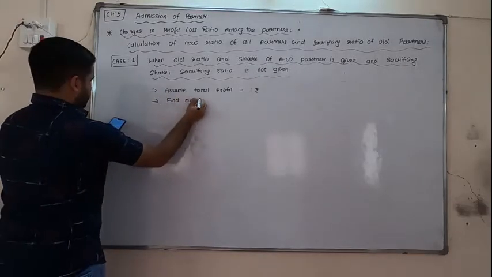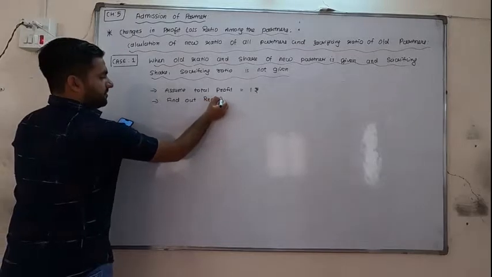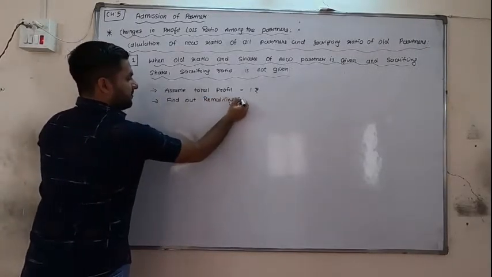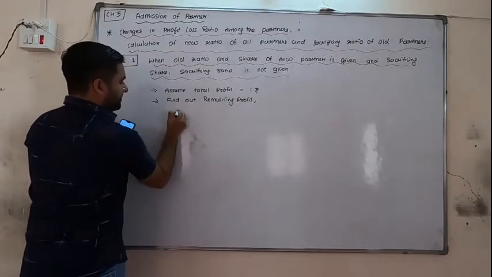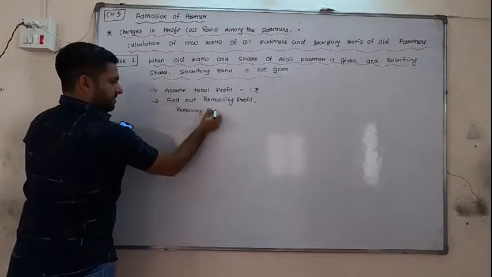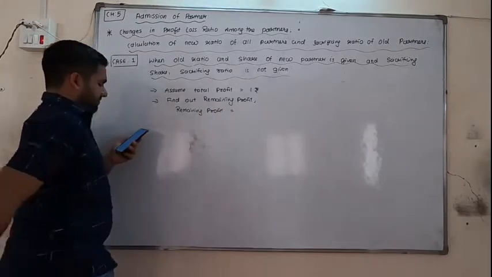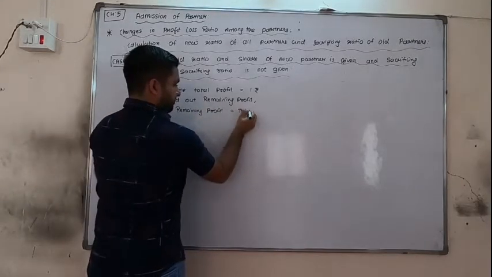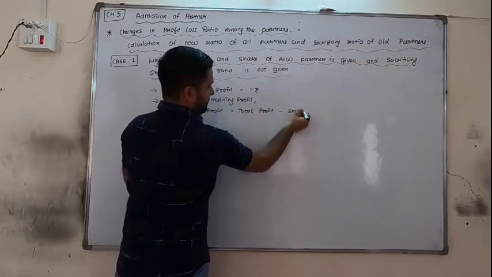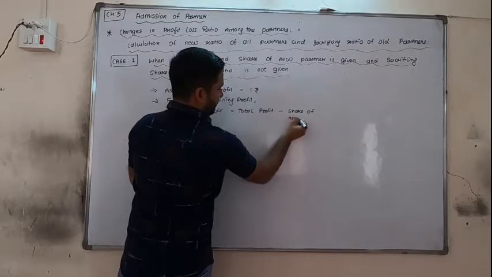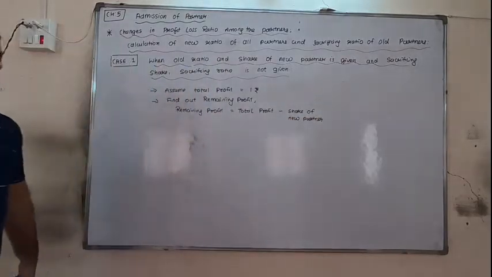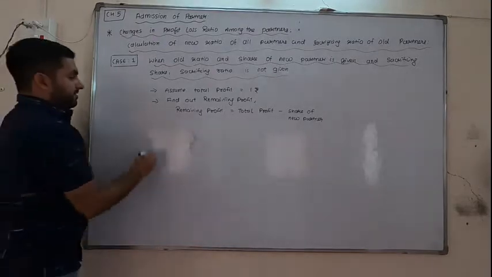Then you will find out the remaining profit, and the formula for remaining profit is equal to total profit minus share of new partner.